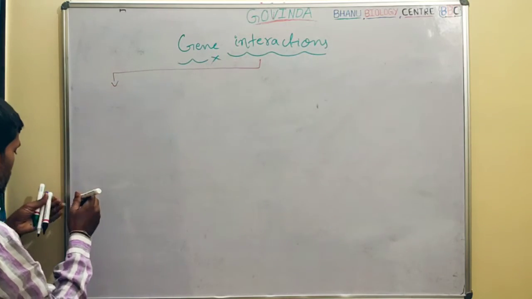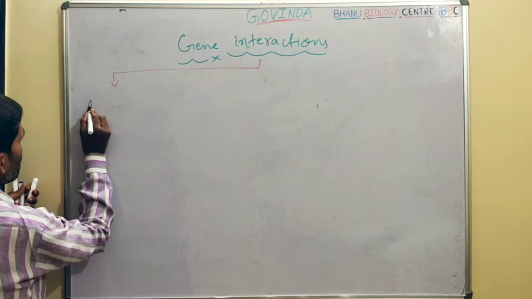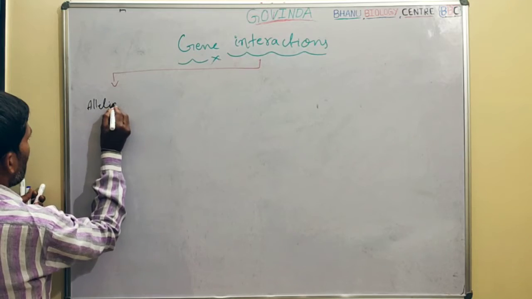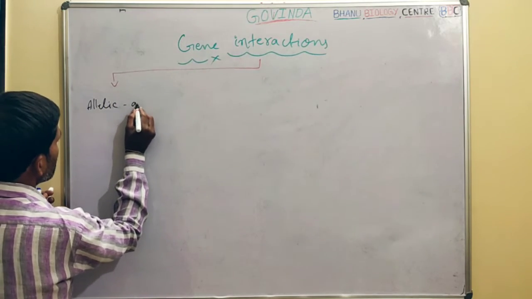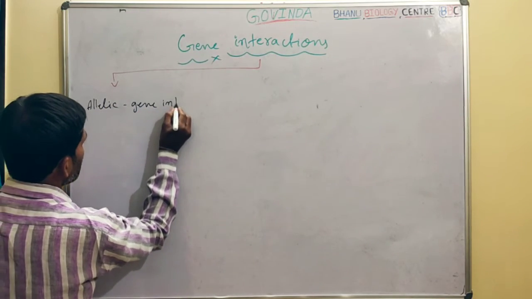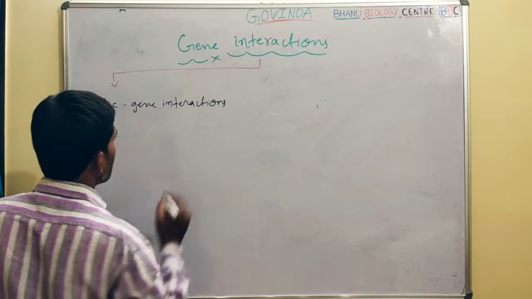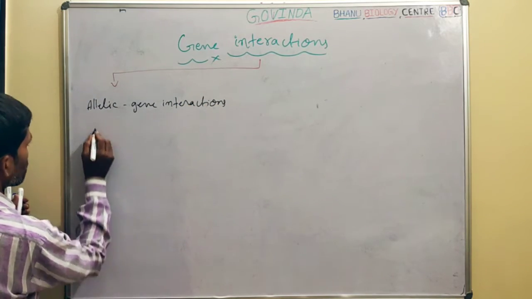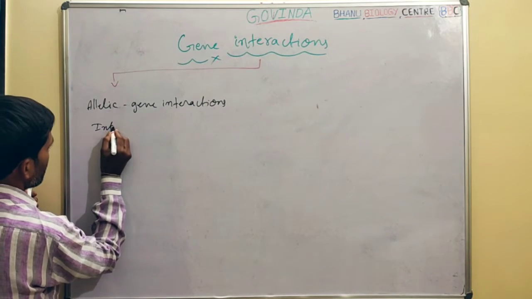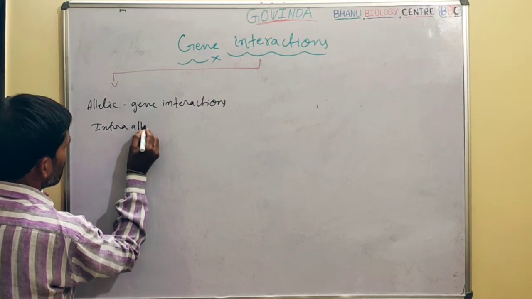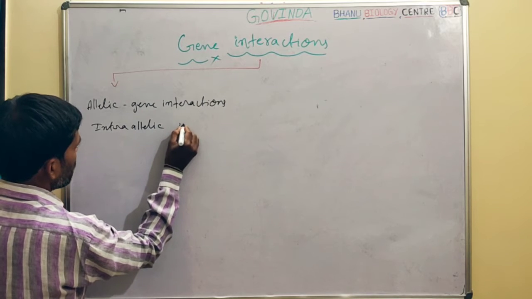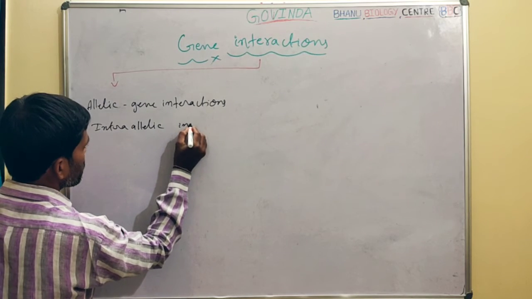The first type is allelic gene interactions, also called intra-allelic gene interactions.